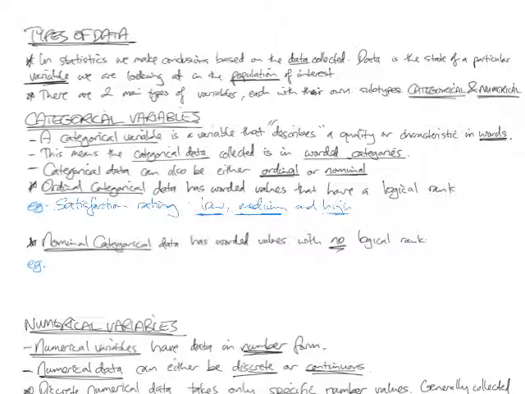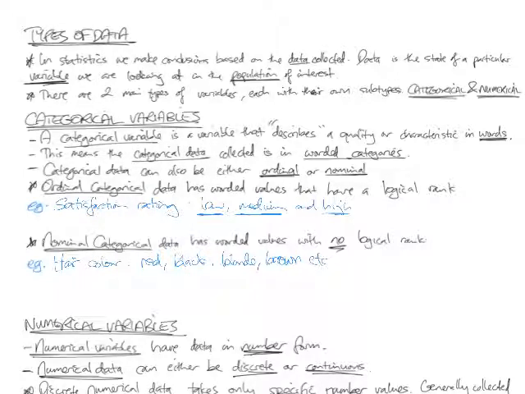Nominal categorical data is also a worded variable, so all categorical data is in words, okay? But nominal categorical data has no logical rank to it, so no order. One example could be hair color. The different data values you can have there are red, black, blonde, brown, etc. And they're just colours.